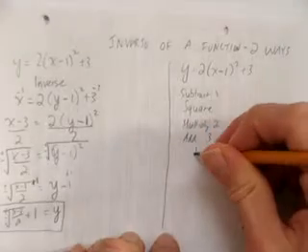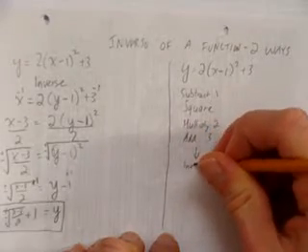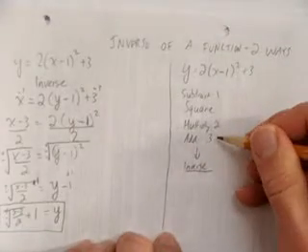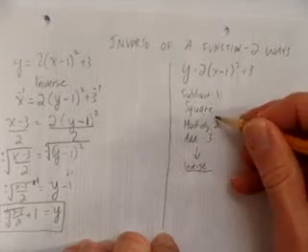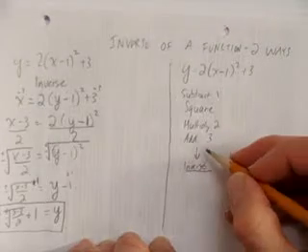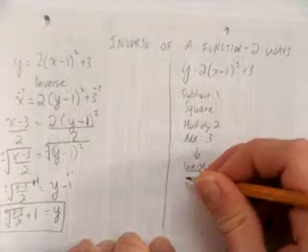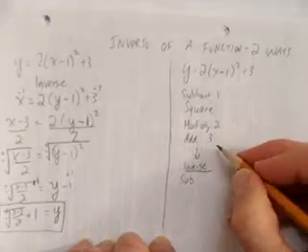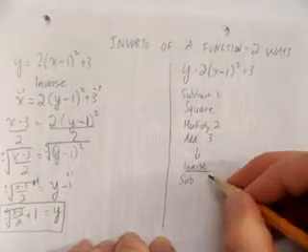So for the inverse, we're going to do the exact same operations, except do them in the opposite order. I'm going to go from the bottom up, and I'm going to change them to be the opposite operation. So I ended with add 3. I'm going to do the opposite thing, subtract. And instead of adding 3, I'm going to subtract 3.